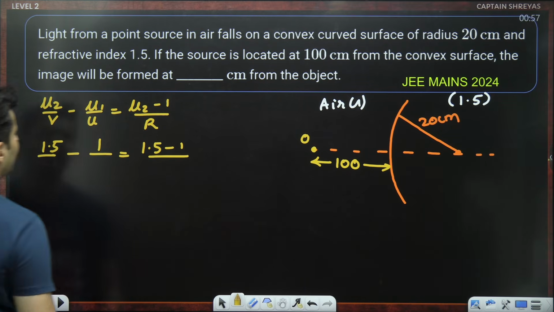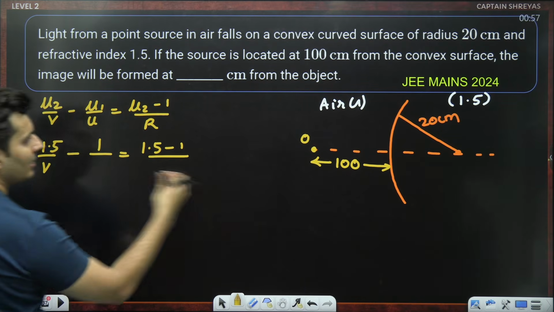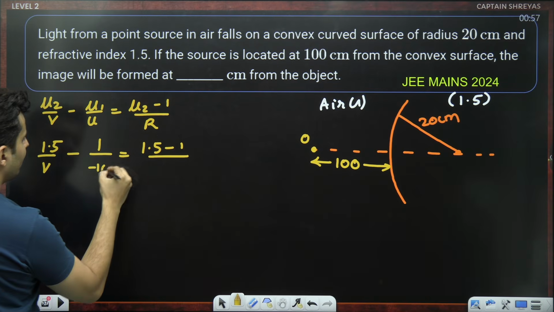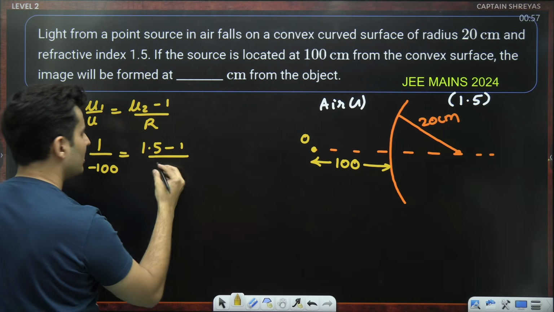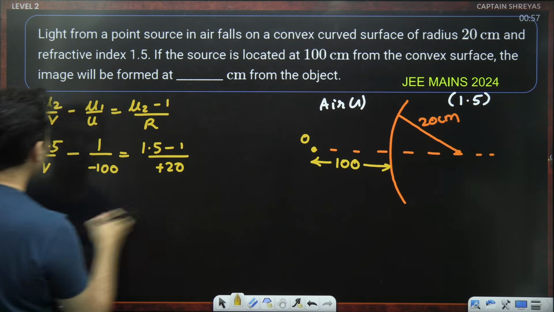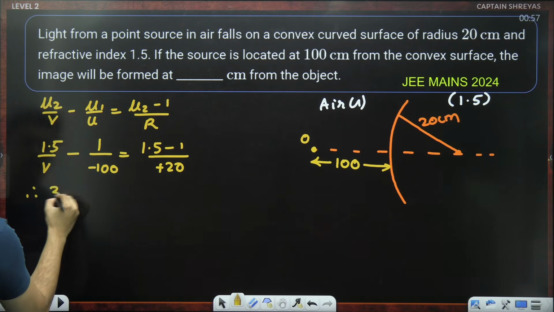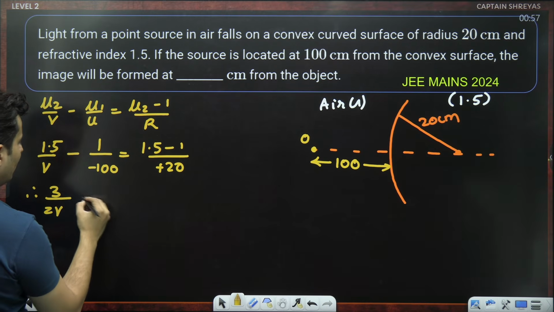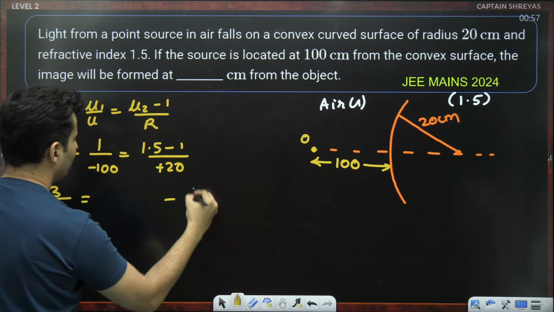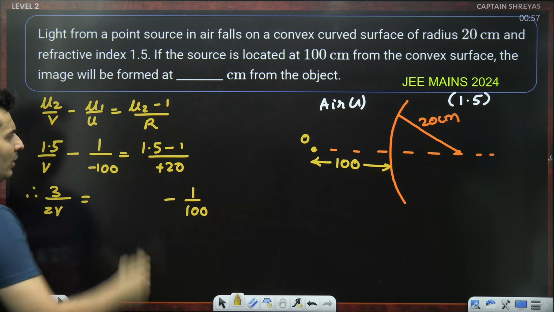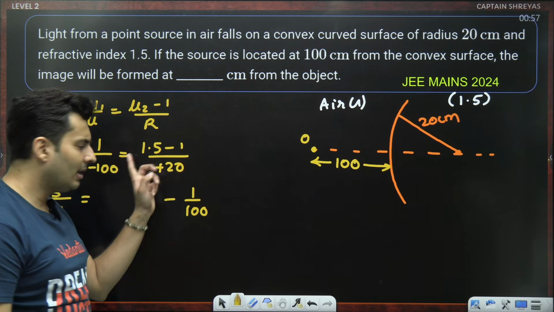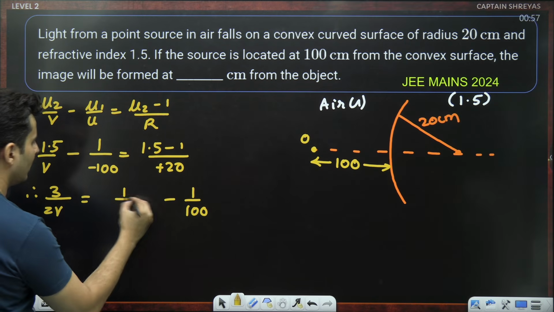So 1.5 by V minus 1 by -100, since the object is on the left side, is equal to 1.5 minus 1 over +20, since the radius is on the positive side. 1.5 is 3 by 2. Minus minus plus, it goes to the other side as negative, so -1 by 100. 1.5 minus 1 is 0.5, which is half. Half into 1 by 20 is 1 by 40.